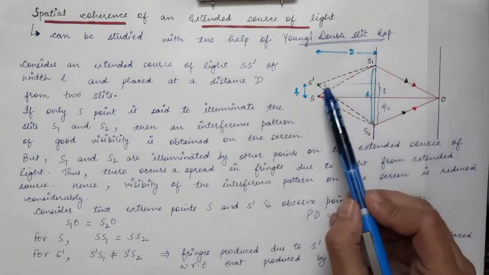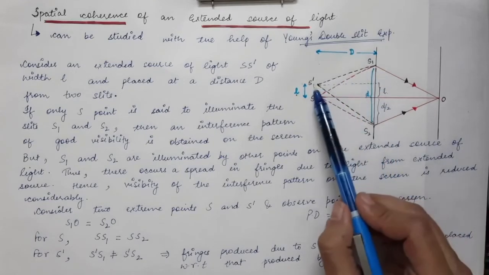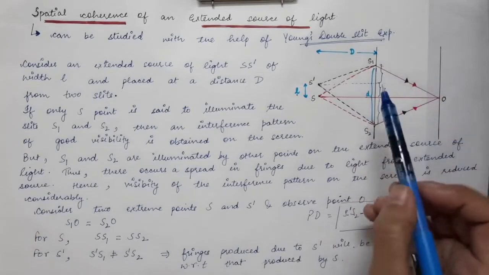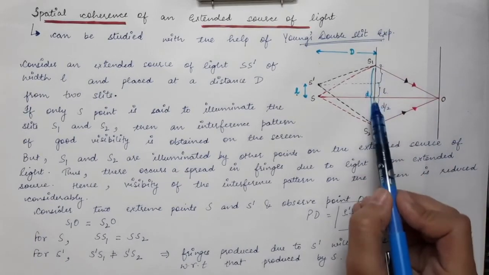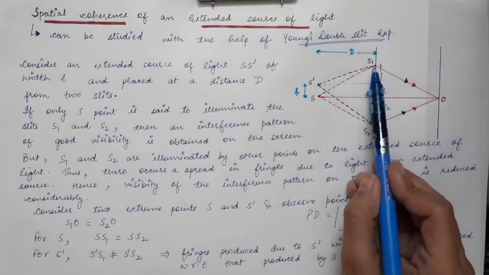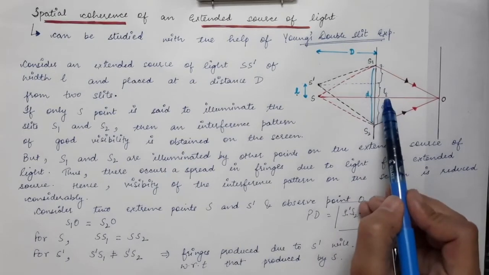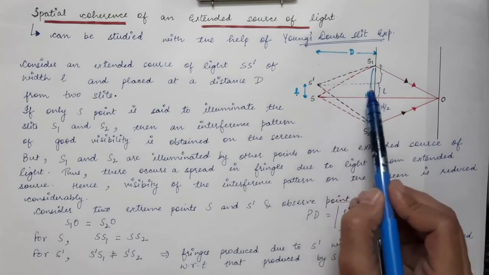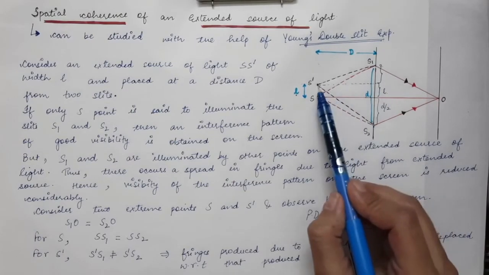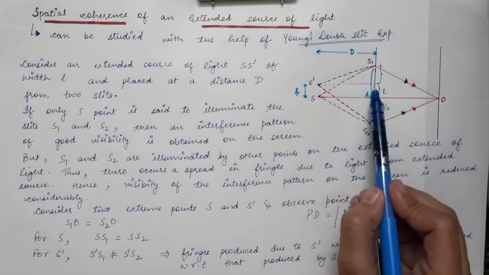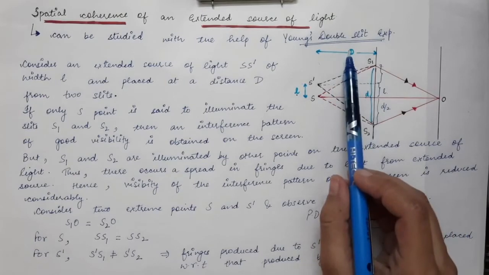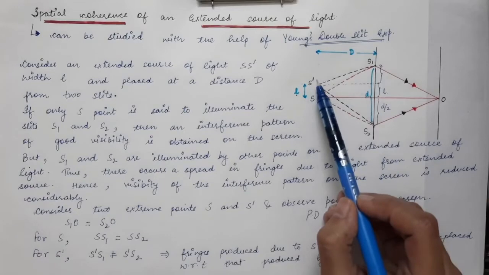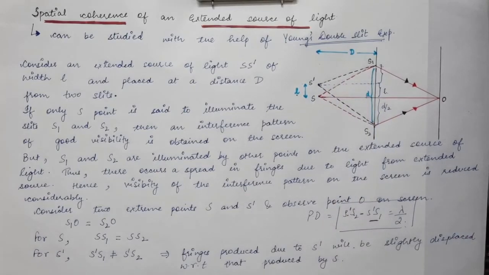So in that case we will take this right angle triangle. This length will be nothing but equal to d by 2 minus l. And this length, the distance between the extended source and the double slit, is equal to capital D. So using the Pythagoras theorem again, you will be able to find S prime S1.